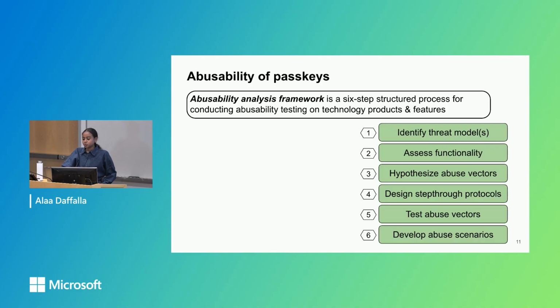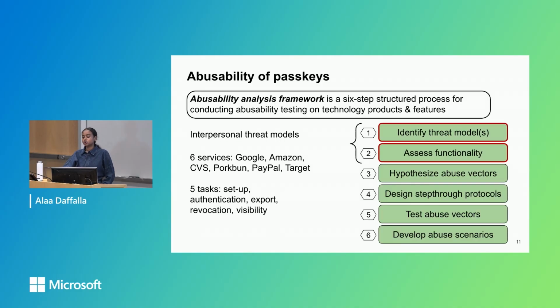So in step 1, we first identify the relevant threat model, which in our case, we presumed an adversary that targets a specific individual rather than a group. And that adversary is within the same social circles as the target. Then in step 2, we performed a functionality assessment, which is a focused survey of system behavior.